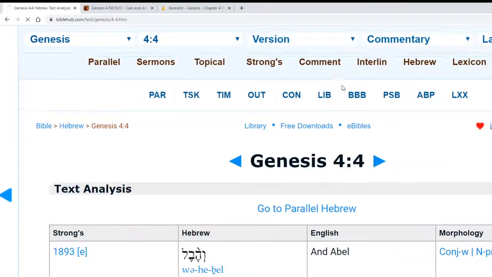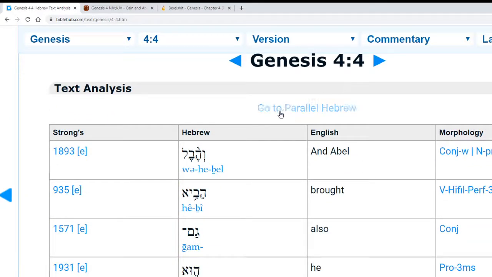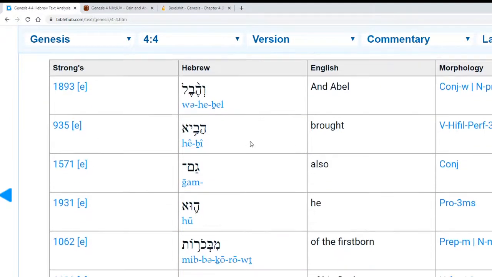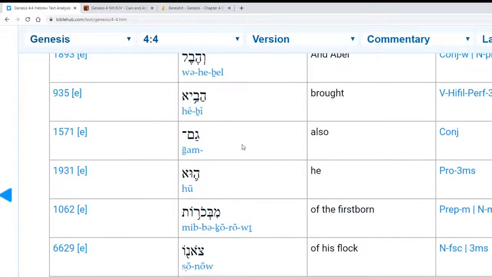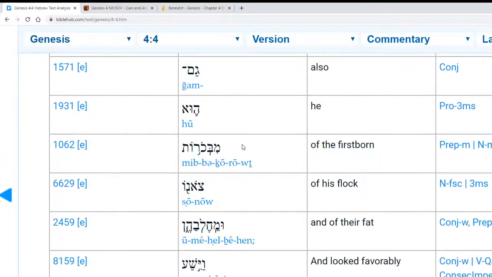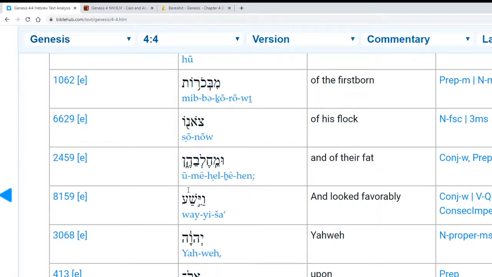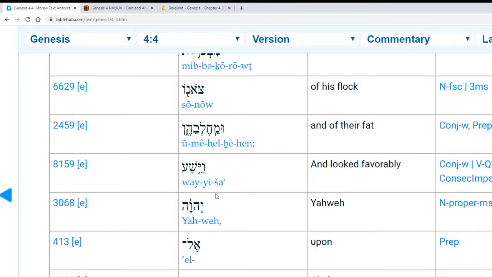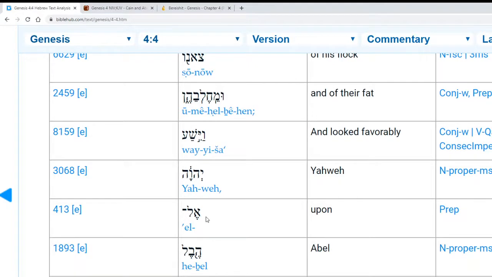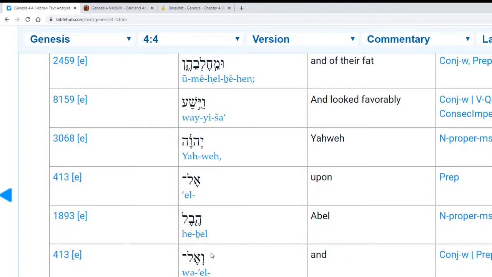Okay, verse 4:4. Vehevel hevi gam hu mi bechorot tzono umechelvehem veisha havaya et Hevel ve'el minhato. Okay.